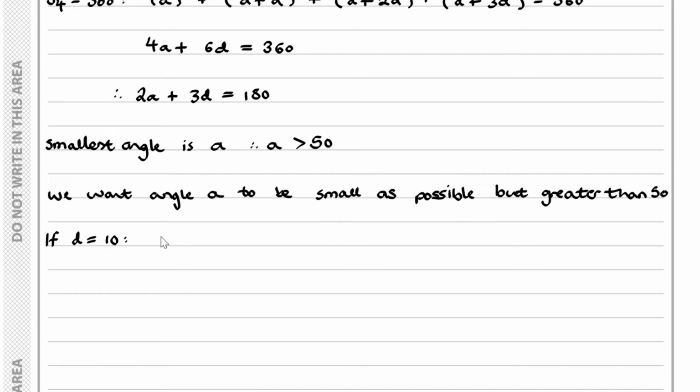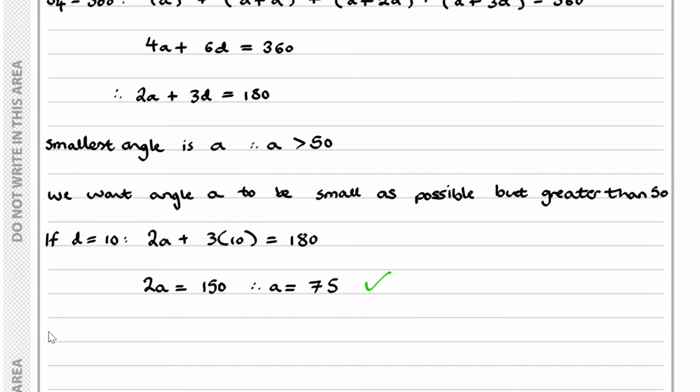So if D is equal to 10, we have 2A plus 3 lots of 10 equals 180. So we have 2A equals 150. And therefore A is equal to 75. Well, here we see A is greater than 50, so that's a possible value we can use. We can use the value that D is equal to 10. Let's just give this a tick.